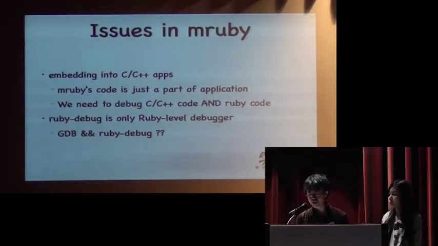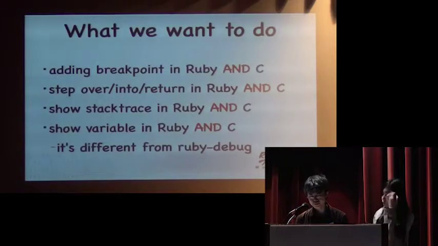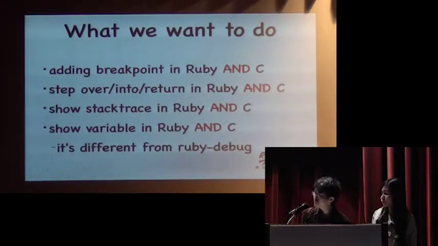But we think that a debugger like ruby-debug is not enough to debug in mruby. Because mruby applications are written in C and Ruby, we want to deal with both Ruby and C, such as adding breakpoints in Ruby and C, and so on.